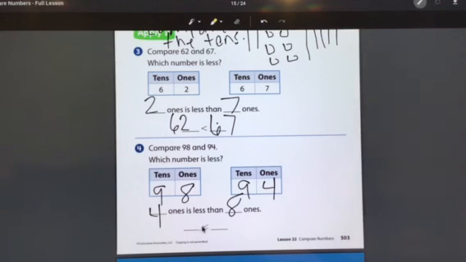The closed part is facing this way. Therefore, on this line, you need to have the number that is fewer. And you just did that right here. You said that 4 is less than. So you know that 94, the symbol means less than, 94 is less than 98.